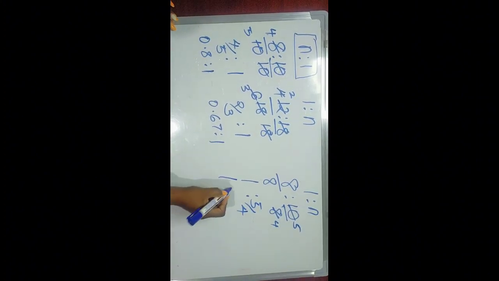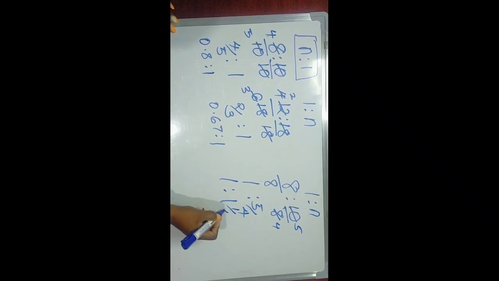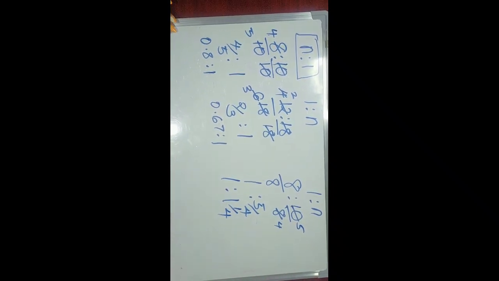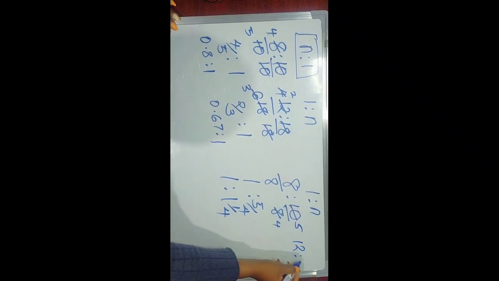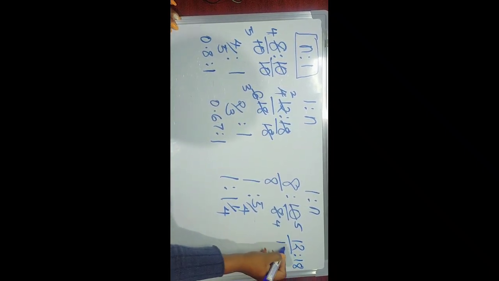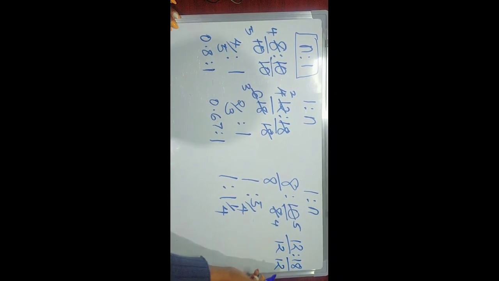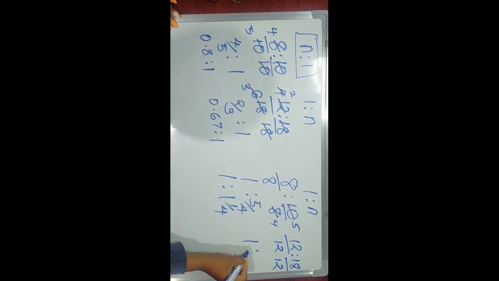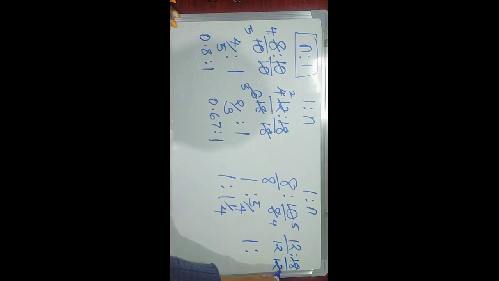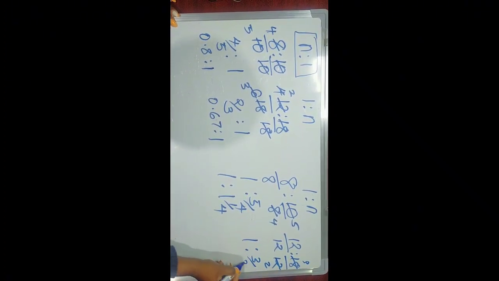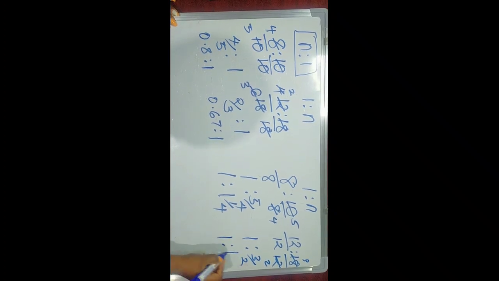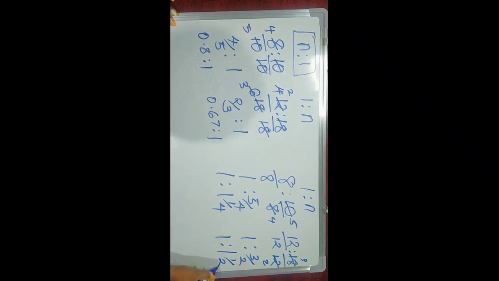This is like 1 is to 1 and a quarter. On the other hand, it's going to be 12 is to 18, divide by 12. This is 1 is to 3 over 2, which is the same as 1 and a half.